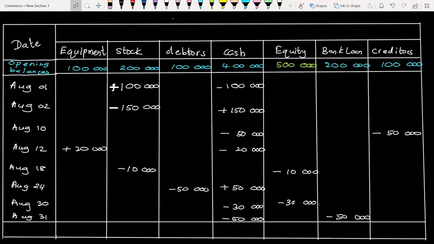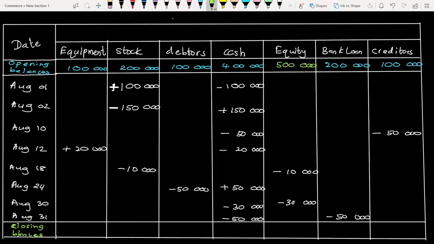Here we have entered the impacts of all the transactions. Now it's time to find the closing balance. So for us to include the closing balance, we need to have a row at the bottom of this table. So let's label this as closing balance. So what is our closing balance of equipment?